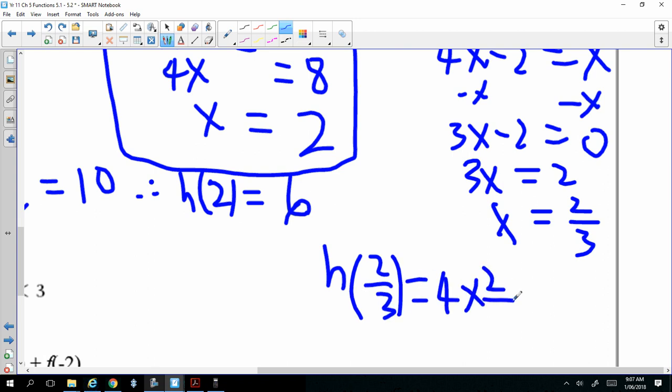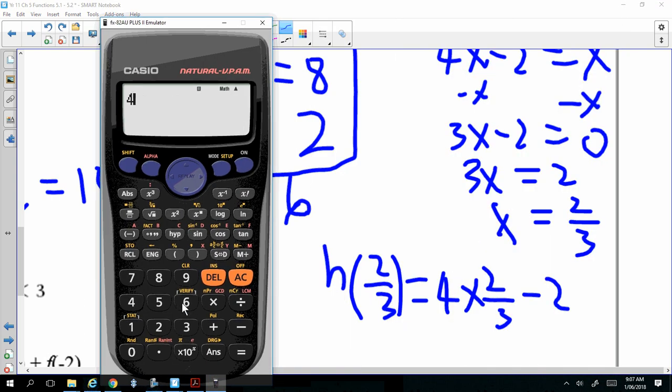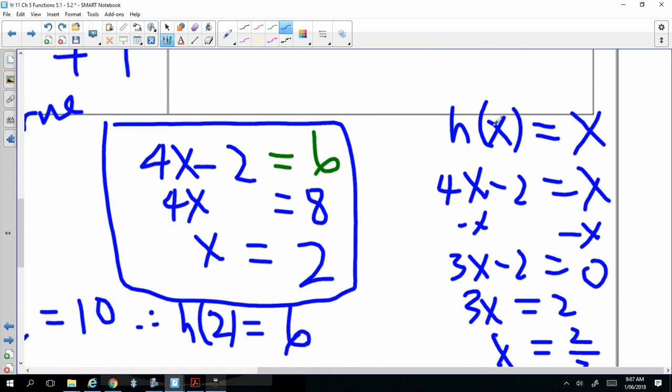So you get 4 times 2 over 3 minus 2. You get 2/3, right? So if I substitute 2/3, my answer is still 2/3. So if I substitute x, my answer will also be x. So you can also solve the equation to achieve that. All right, get the idea?